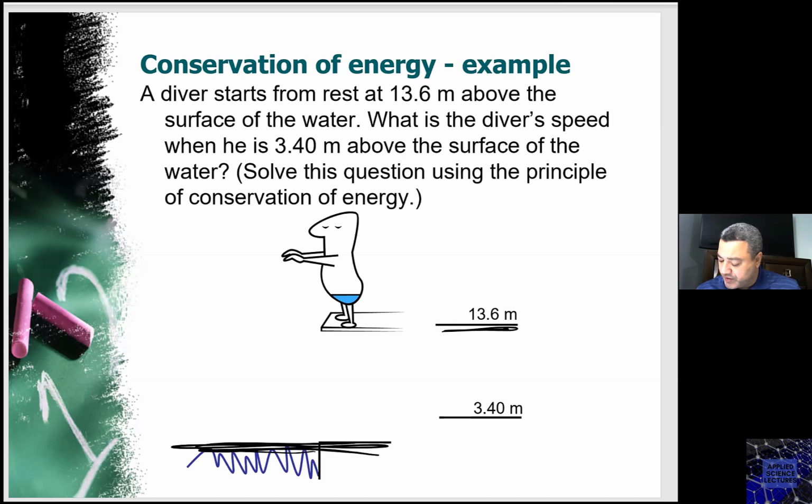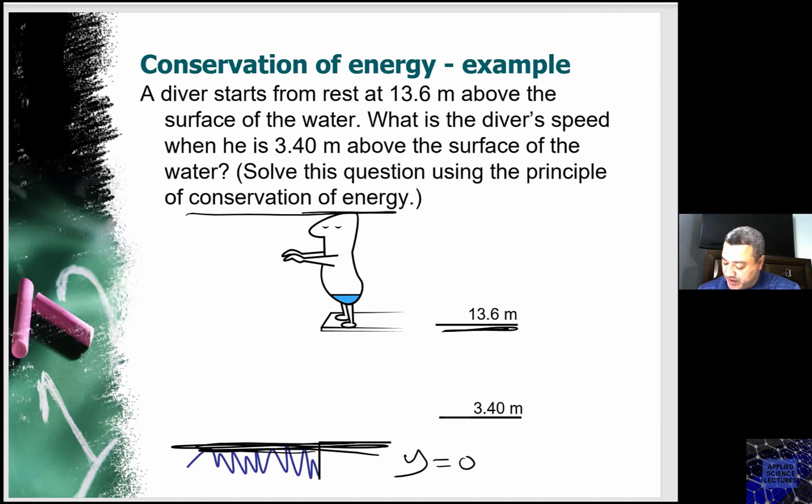This is our reference where we consider y equals 0. What is the diver's speed when he is 3.4 meters above the surface of the water? Solve this question using the principle of conservation of energy.